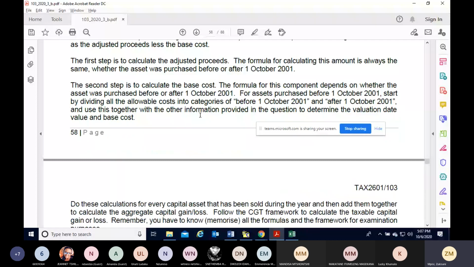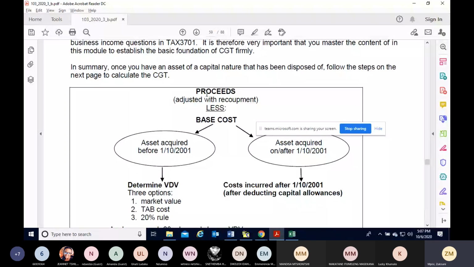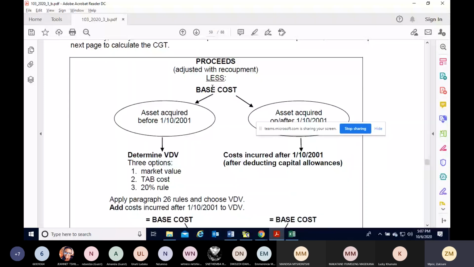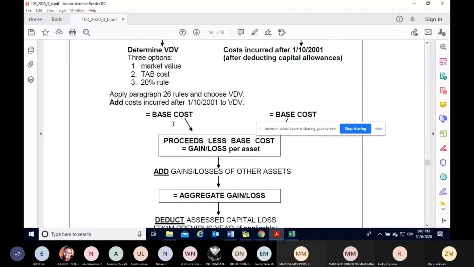And this is a summary of everything that has been done. CGT is proceeds adjusted by recoupment less base cost. Base cost is determined on whether the asset was acquired on or after the 1st of October 2001 or before it, where you apply paragraph 26 rules in terms of the age schedule.